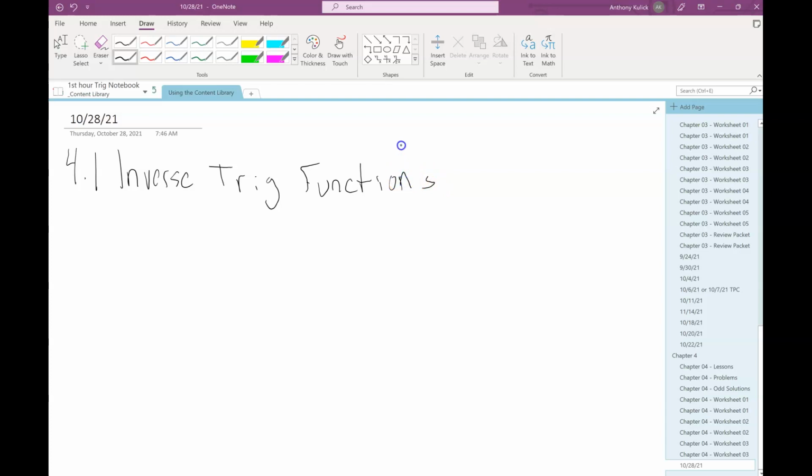So kind of the first order of business here is going to be to develop an inverse function for our sine, cosine, and tangents.